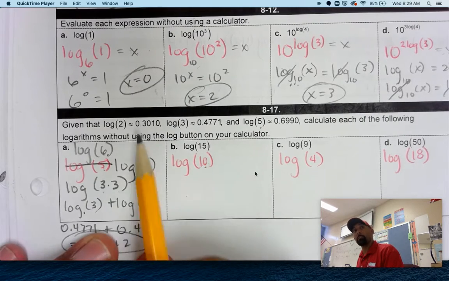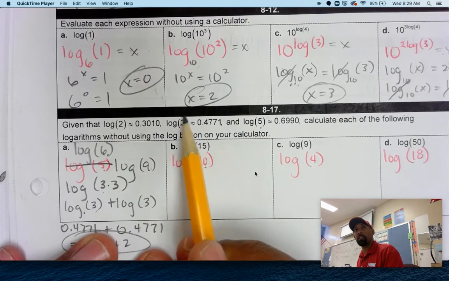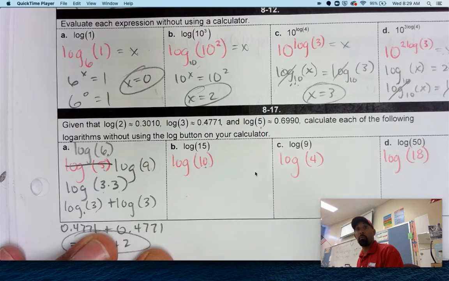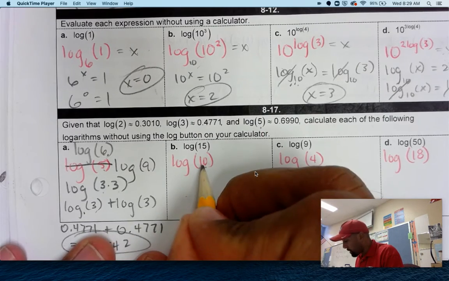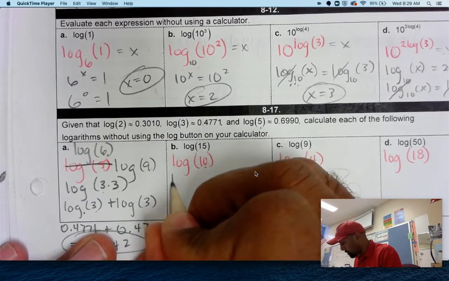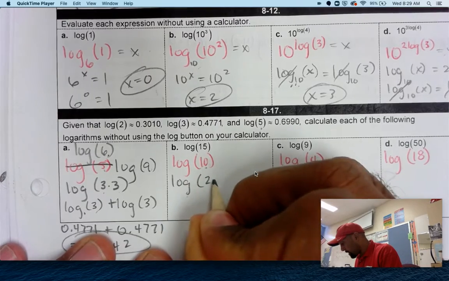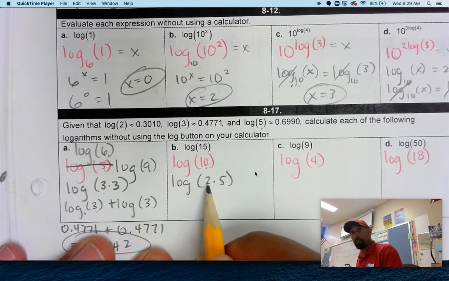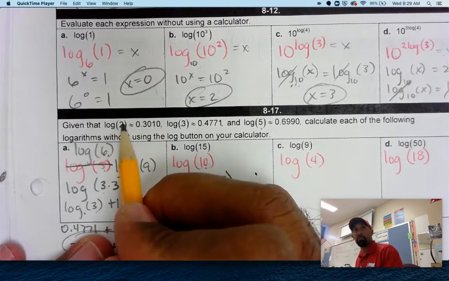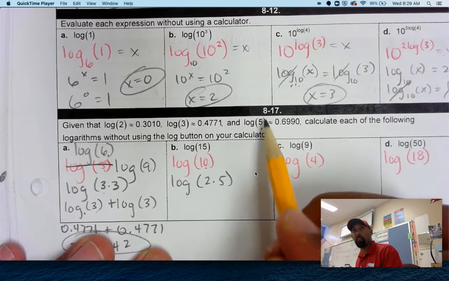Now we're going to do the same thing with 10. How can I split that up so the factors are a 2, 3, or 5? Well, I know that to get 10, I can multiply 2 times 5. So I split up the 10, and we have the log of 2 and the log of 5.